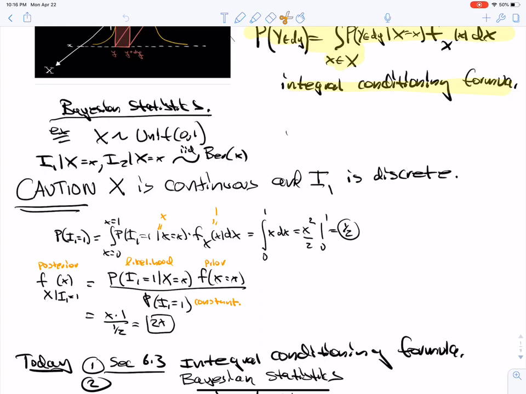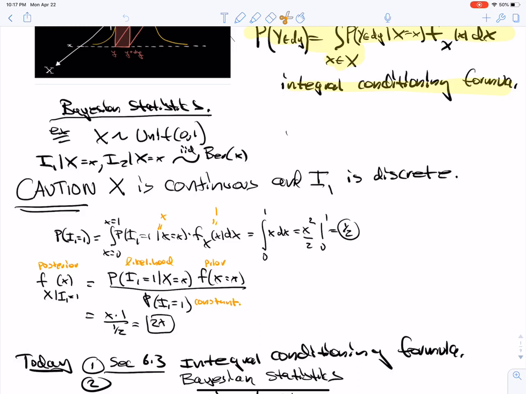The likelihood is the probability that I1 is 1 given that X = x, and this is just x, because we're looking for the chance of getting a heads when the chance of getting a heads is p, or x.